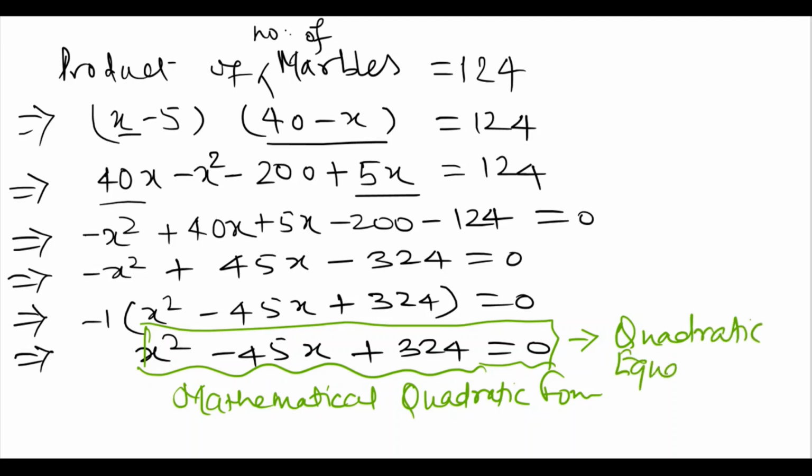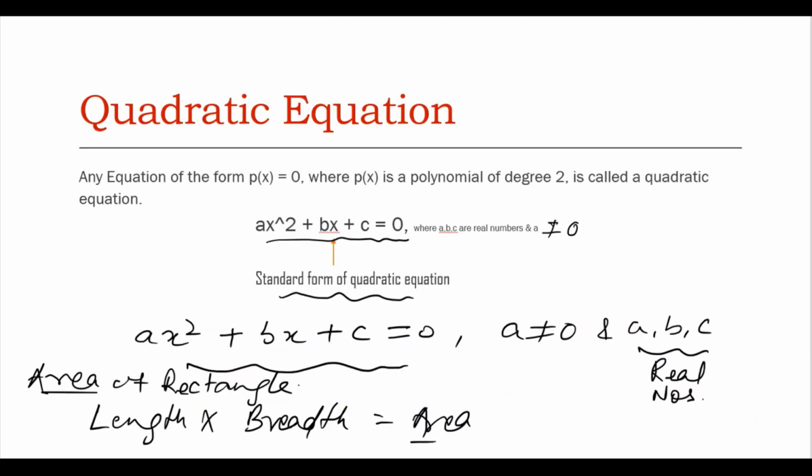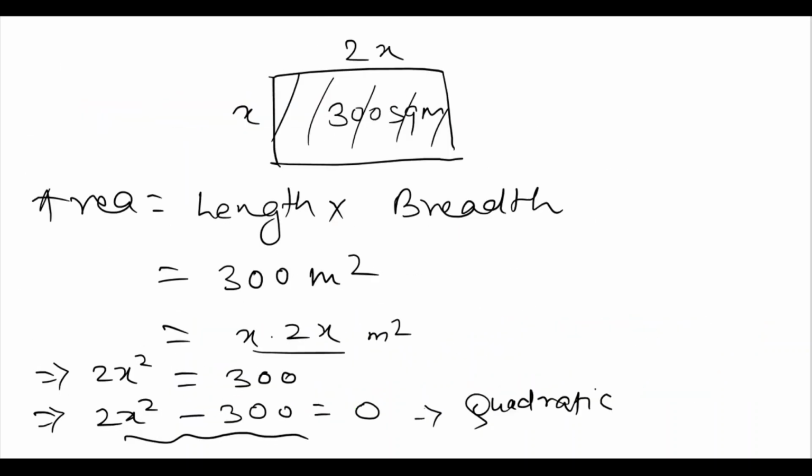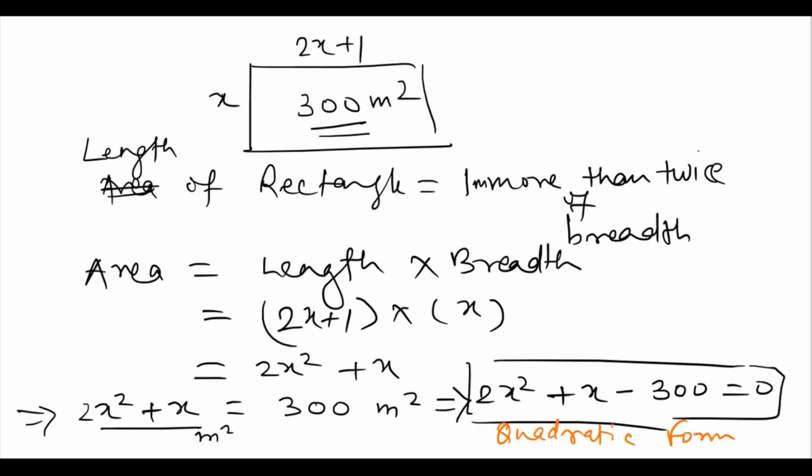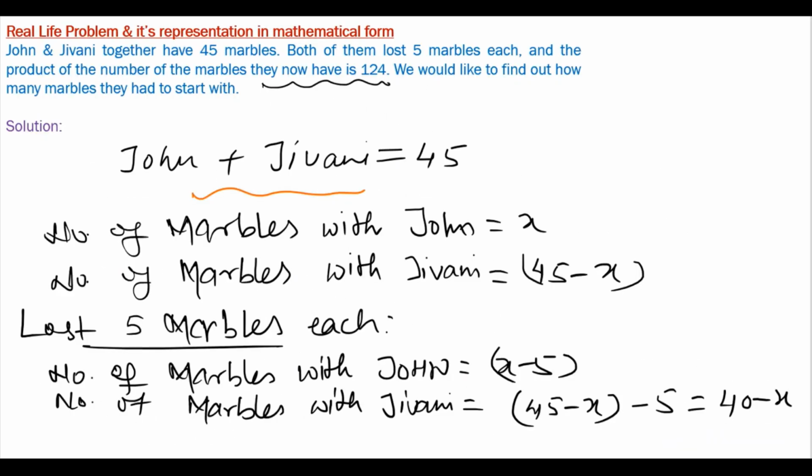So you see, this was like a normal life problem, right? Even you and I can have together 45 marbles and both of us can lose 5 marbles and the product of the number of marbles is 124.